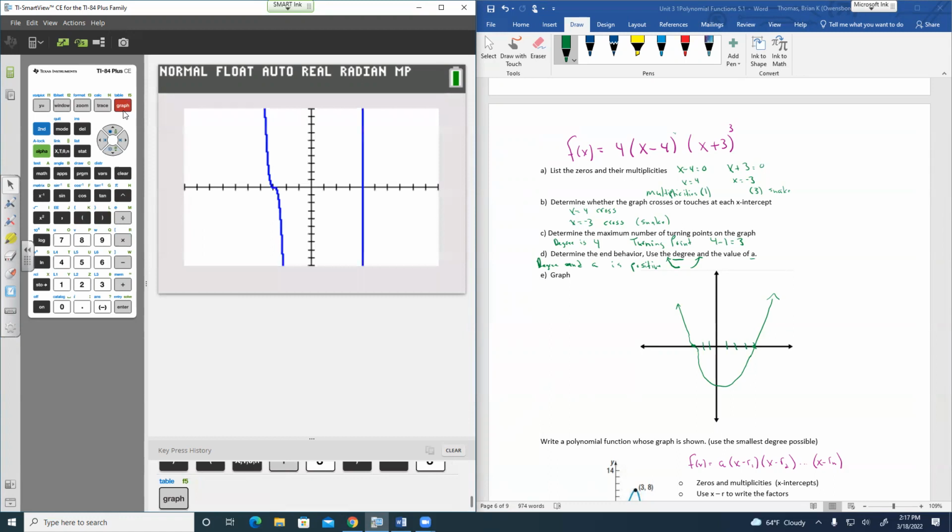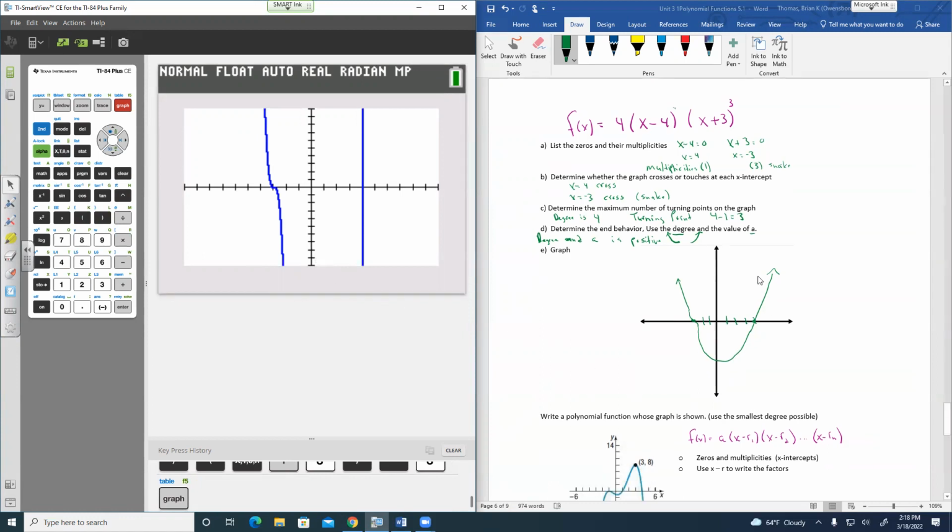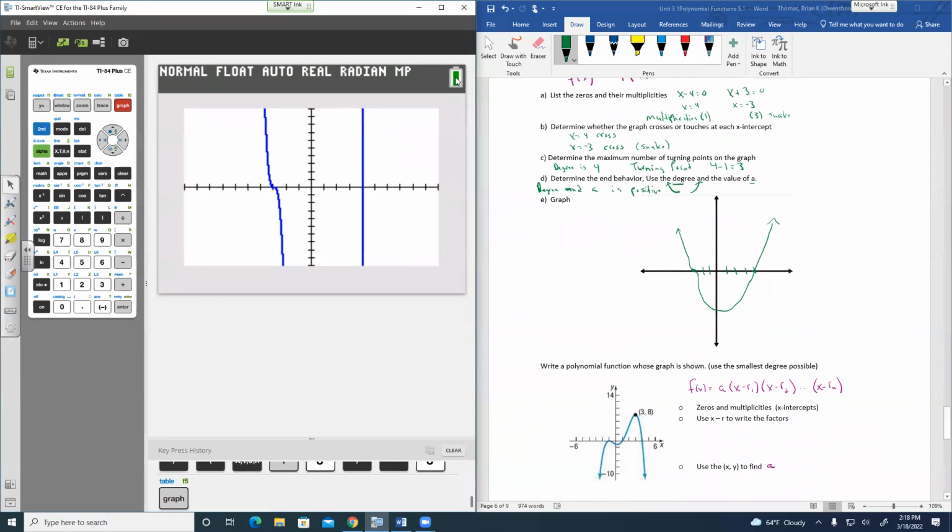Notice how it kind of does what we described there, but it goes down much further than I showed there, but notice how it does kind of cross at those two spots. Okay. So it kind of mirrors our graph. And again, we're just trying to get a sketch of it sometimes. If we want more of it, then they'll have to give us more information.